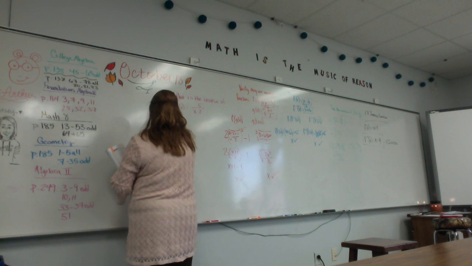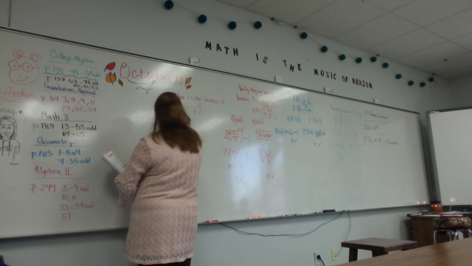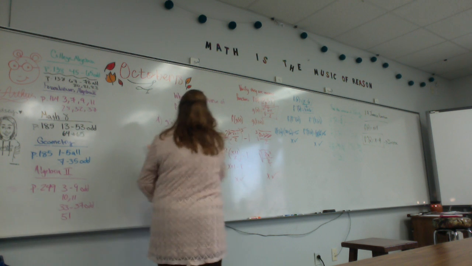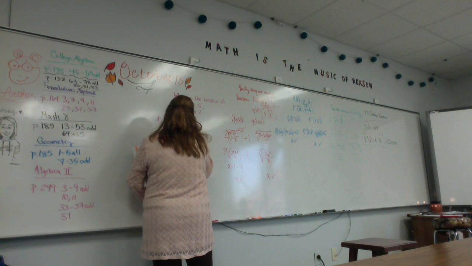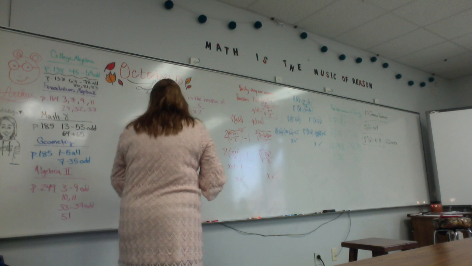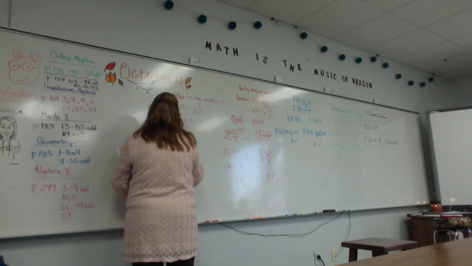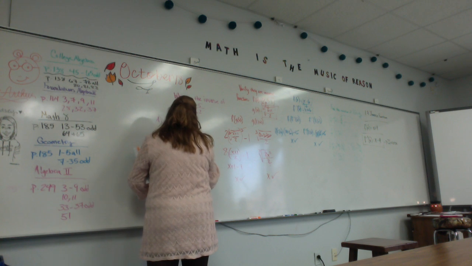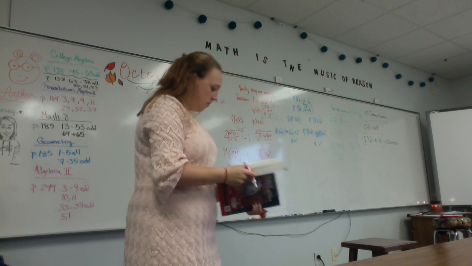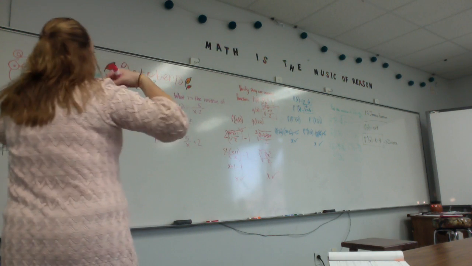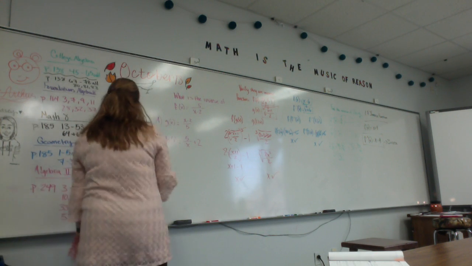Is it A, g of x equals x minus 2 over 5, or is it B, h of x equals 5 over x plus 2? Okay, so the only way to actually do this is to plug them in and check.